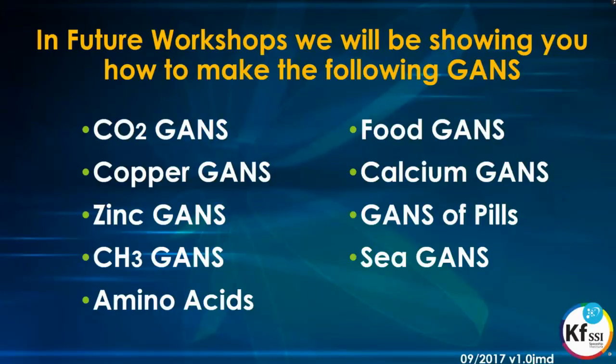So by understanding the basic concept, you can begin to learn and do all this yourself on your kitchen table or in your garage. You'll be able to create all this material for yourself, and then we'll be able to use it in various ways for health and for agriculture and for energy.